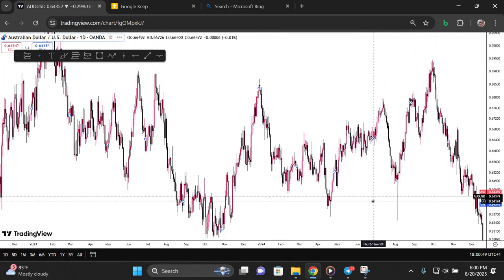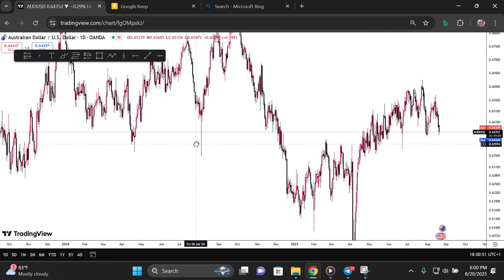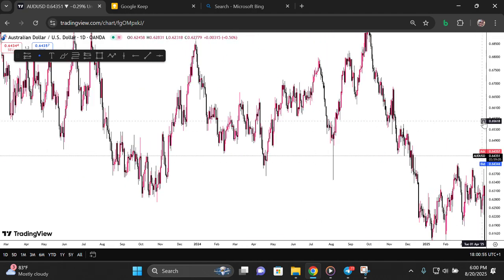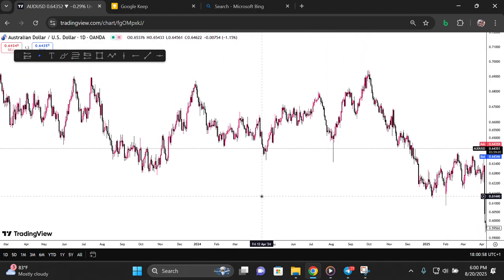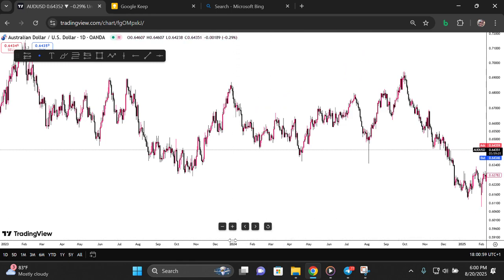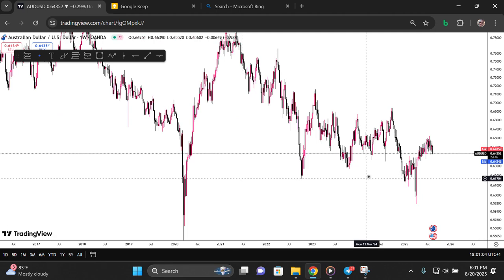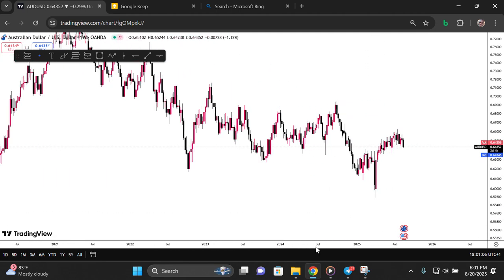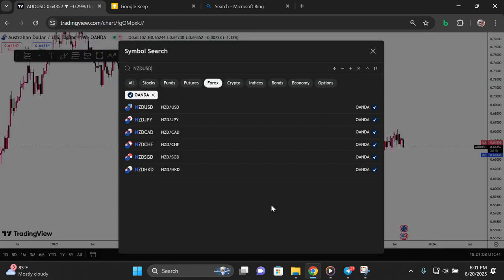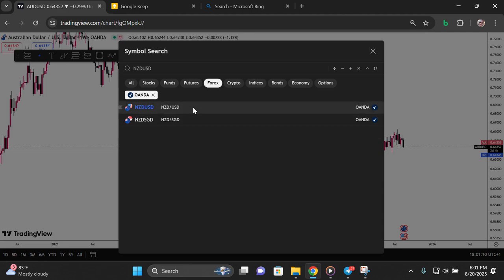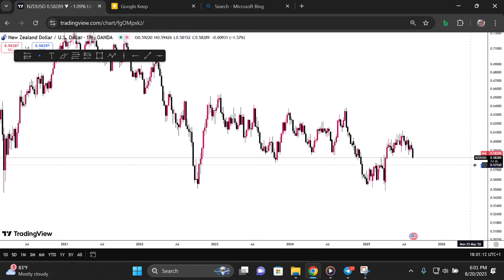This was 2025, so it was not 2025. And I will find it. Or let me check the weekly time frame. I will understand it from the weekly time frame. Maybe I can find it there. Okay, let me check NZD/USD back. But I remember I was doing a study.